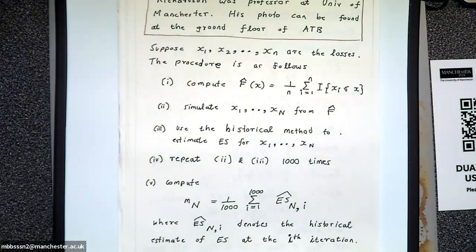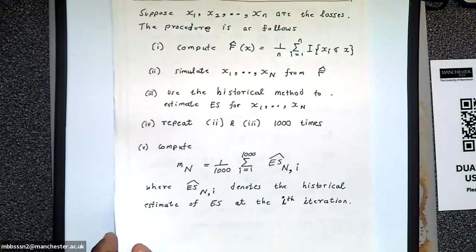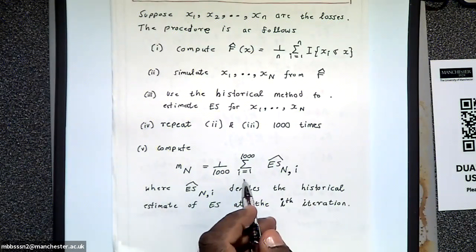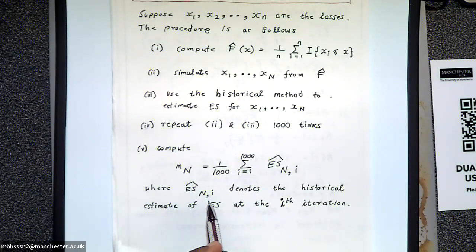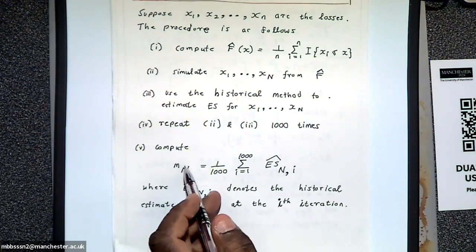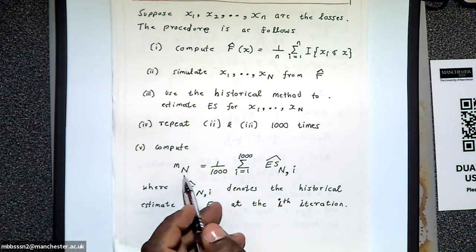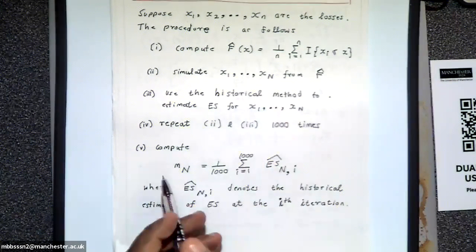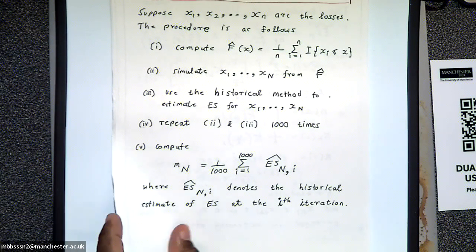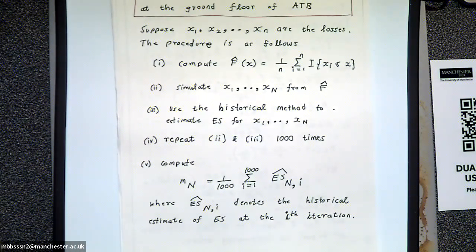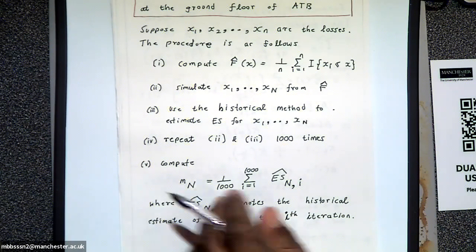Now in step 5, you take the average of the 1,000 estimates for expected shortfall that we got. I'm going to call that m subscript capital N, where capital N once again need not be the same as little n.